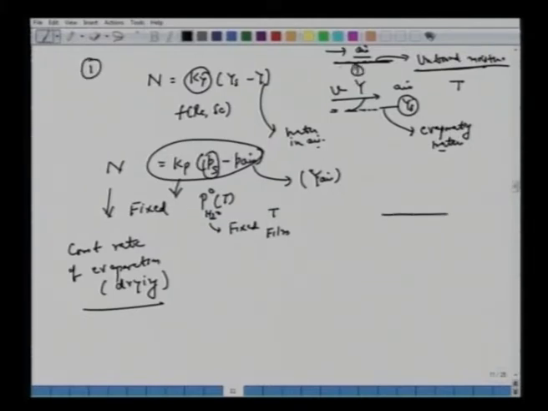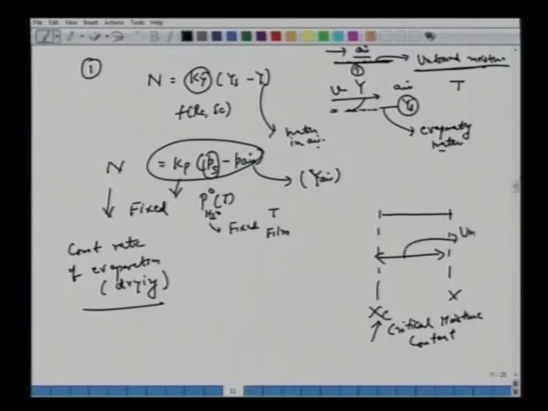This holds when the moisture content decreases from X to a certain quantity, let's call it Xc, the critical moisture content. So this is a zone over which you have unbound moisture. All the time the equilibrium vapor pressure is the same as the vapor pressure of pure water.